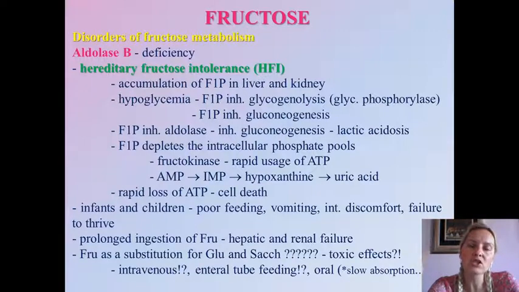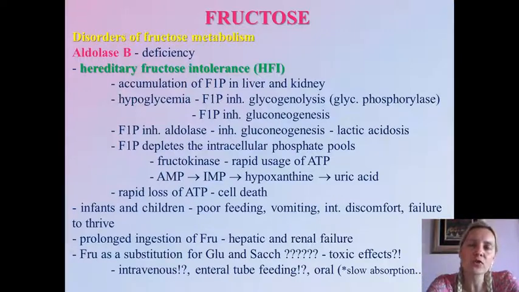And prolonged ingestion of fructose may lead to hepatic and renal failure, which is a really severe consequence, which actually makes the usage of fructose as a substitution for glucose and saccharose rather questionable due to the over-accumulation of those toxic metabolites in the form of fructose 1-phosphate.